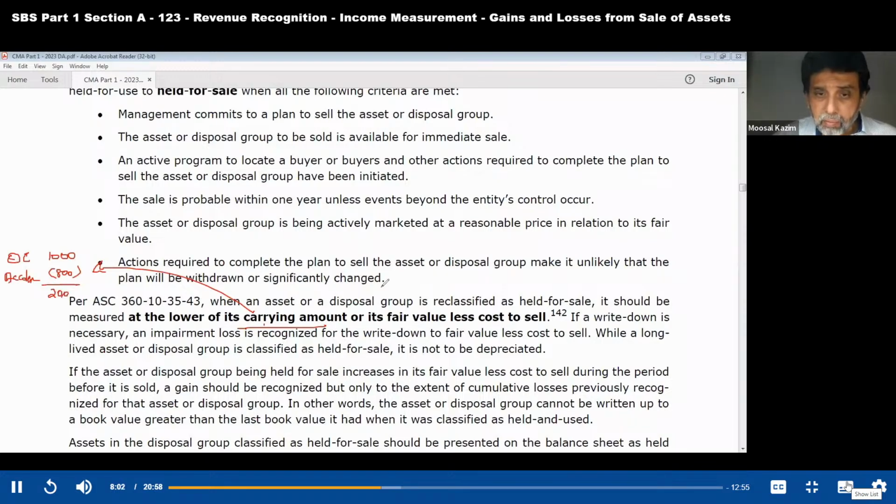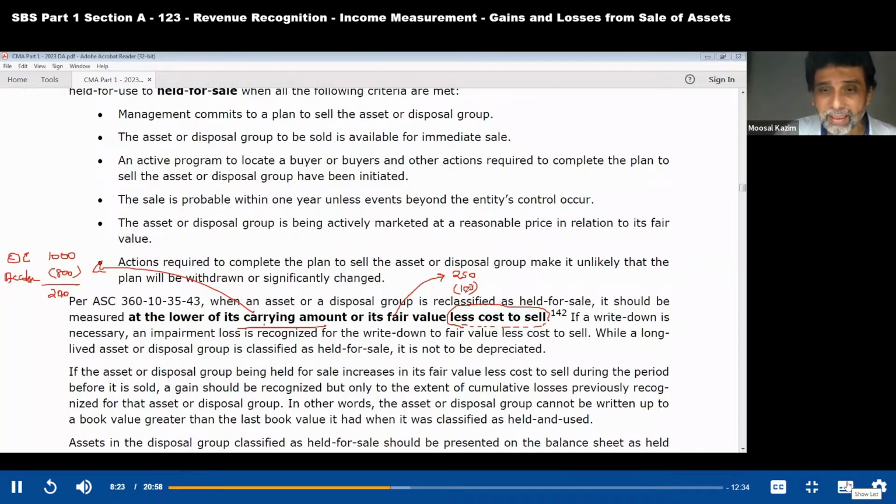And then we'll compare it with its fair value. Let us say its fair value is 250, but the cost to sell, maybe a broker is involved, let us say 100.